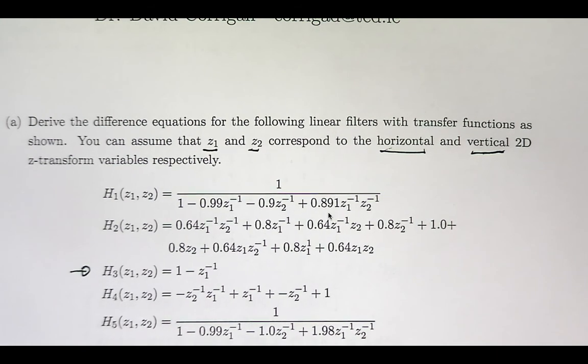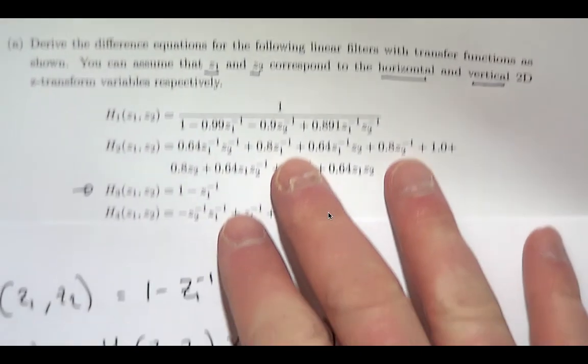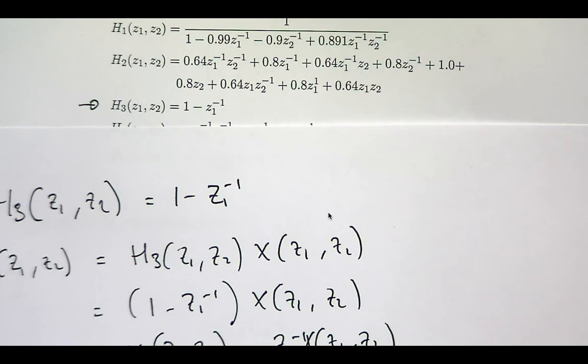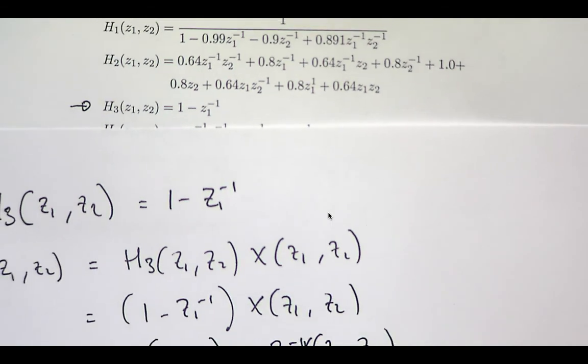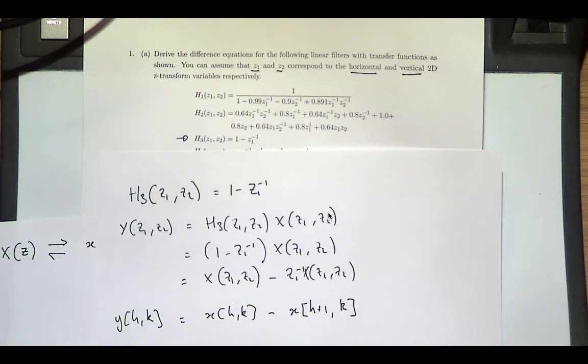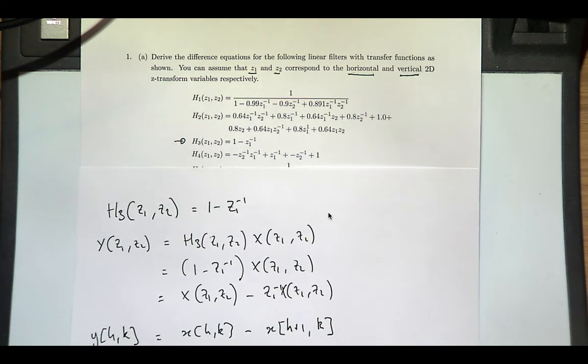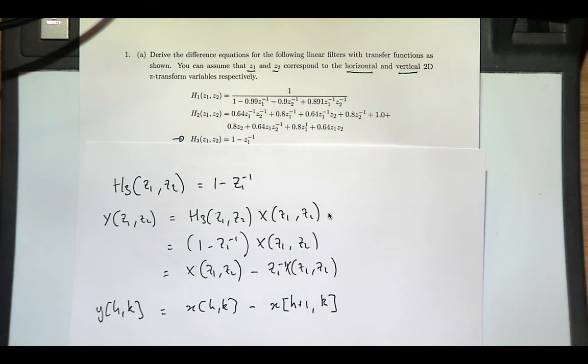All right, so let's get started with H3. Maybe I'll zoom out. All right, so you have something like that. You start with the definition of H3, well, the definition of the convolution in the Z transform.